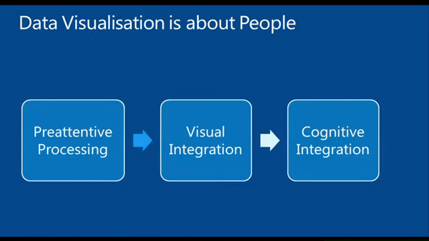The second part of visual processing is called visual integration. Instead of seeing lines and forms, you start to see things being put together. You start to see, well, that's not just a line or a shape, it's actually a person. You recognise faces very early in this process, for example. So it's about trying to put things together.